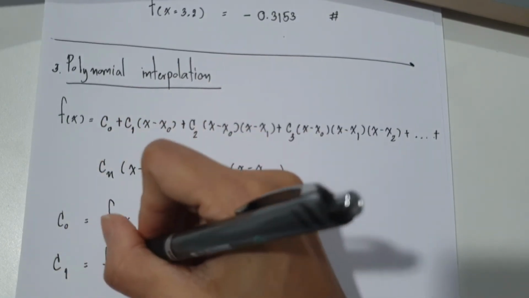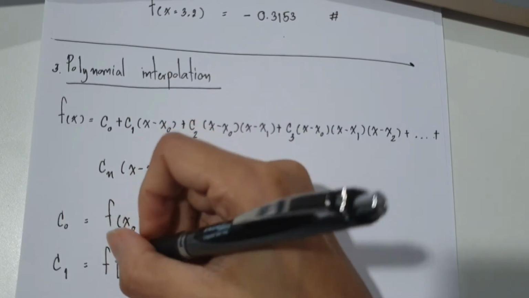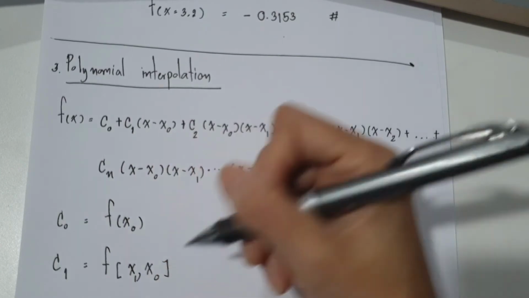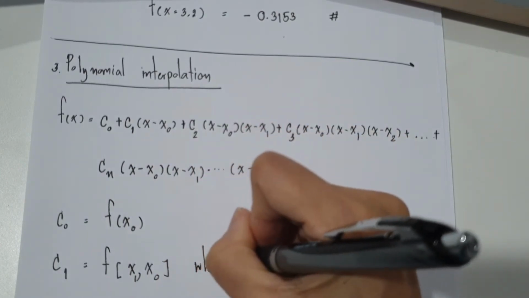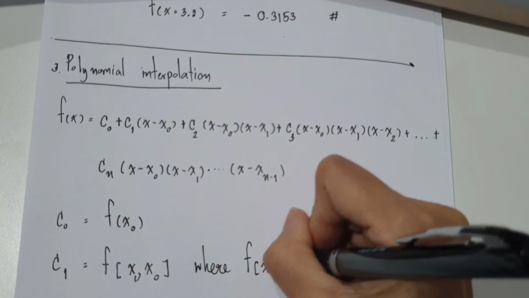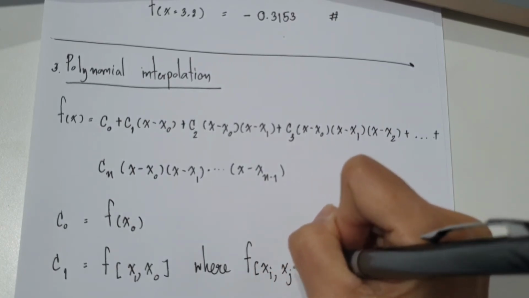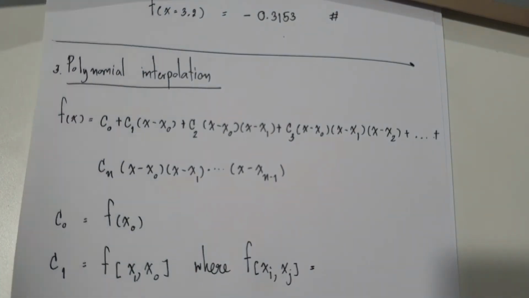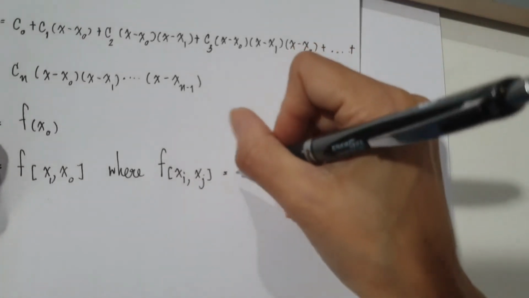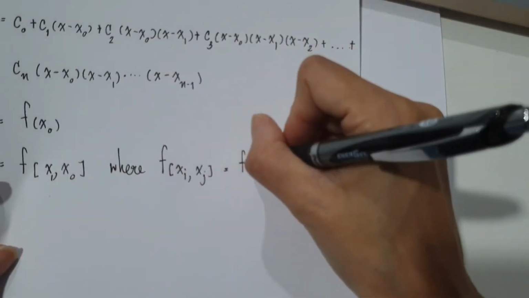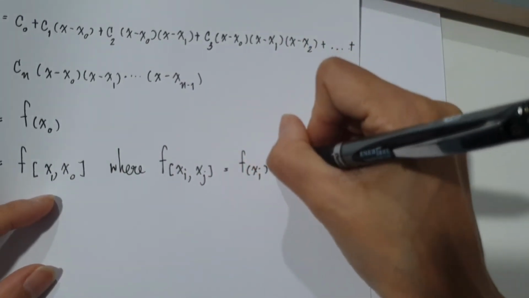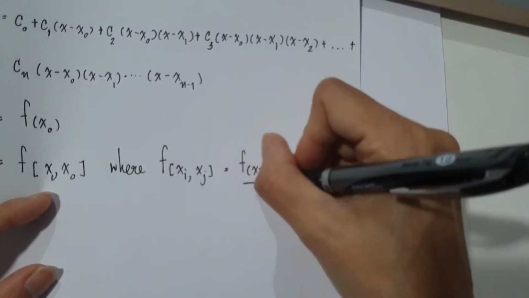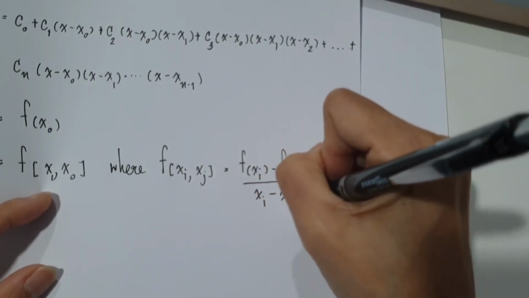If we write it in the form of f[x1, x0], where f[xi, xj] equals (f(xi) minus f(xj)) divided by (xi minus xj).